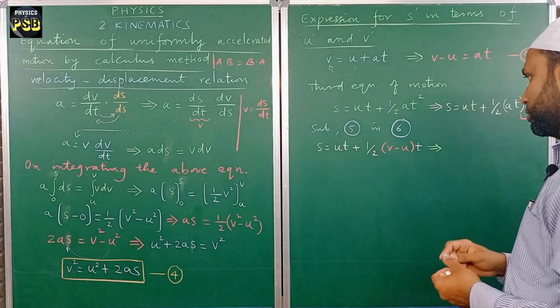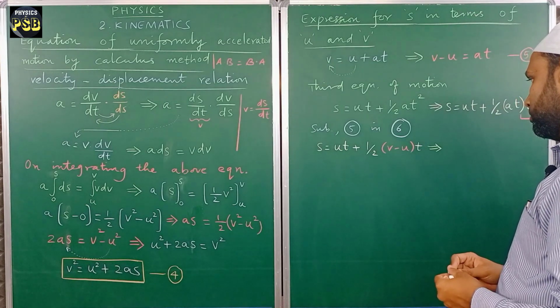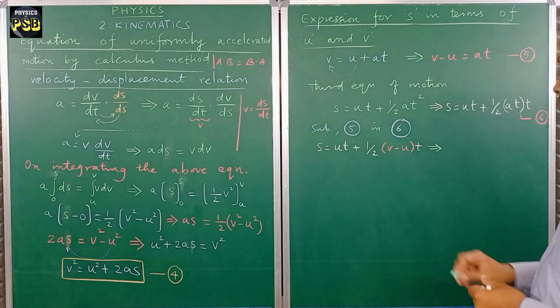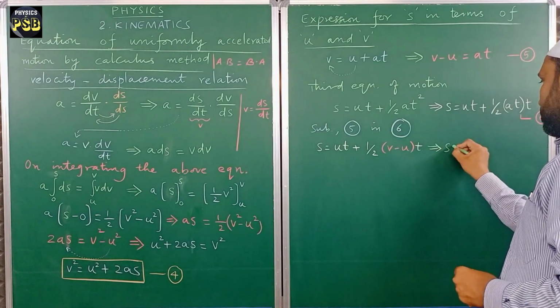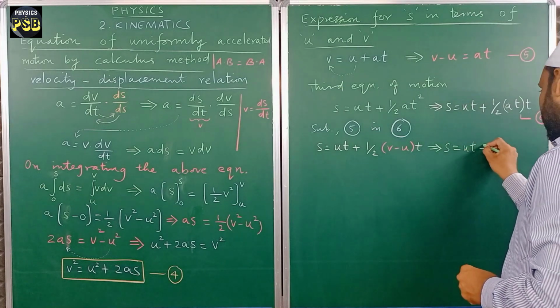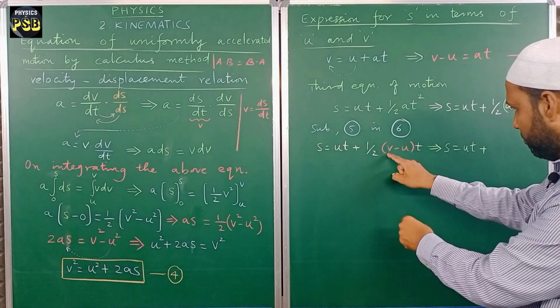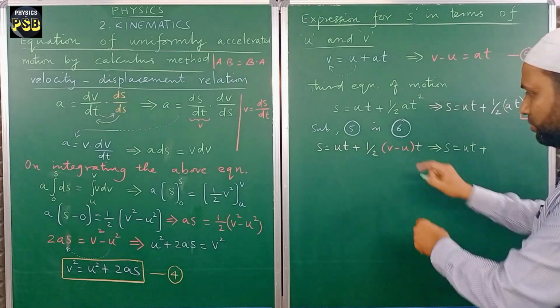Now expand this expression. It equals ut plus half, and t is multiplied with each term present within the bracket.